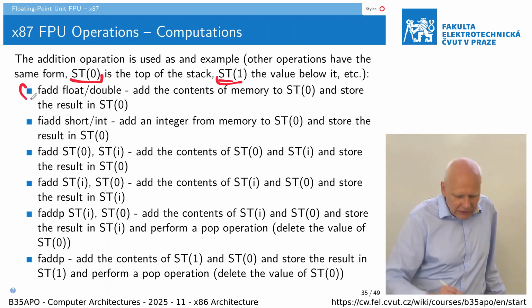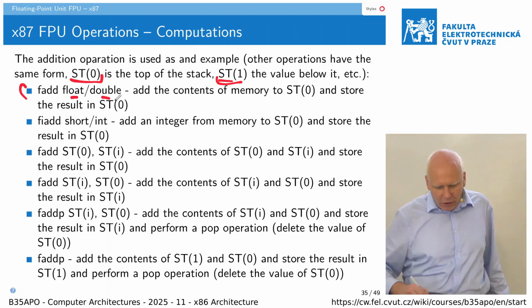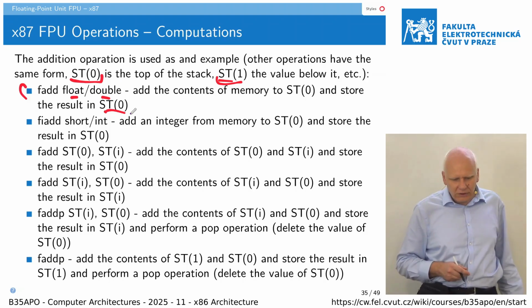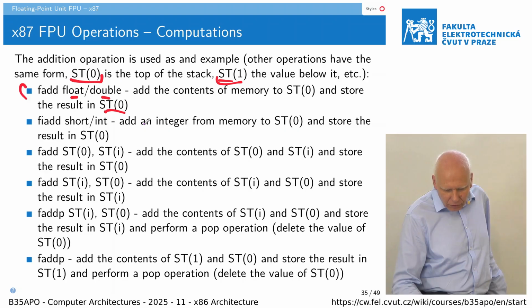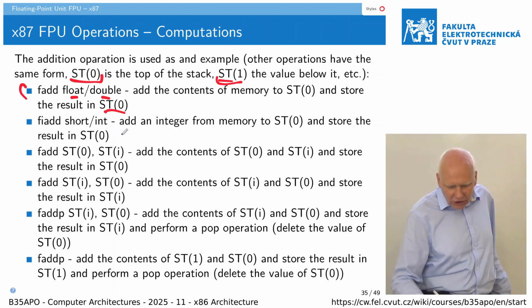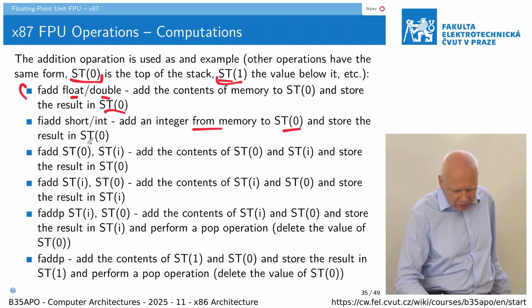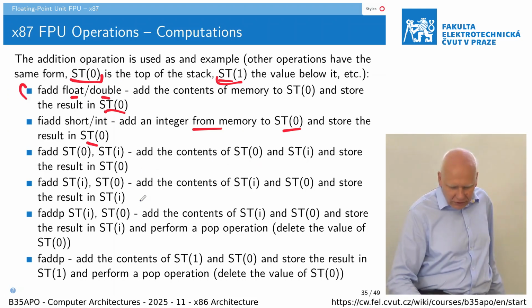So there is a floating point addition for the float and double operands, and store the result at the top of the stack, or you can do the integer addition from the memory to the top of the stack and store the result into the stack and so on. Add one to some location into the stack and so on.